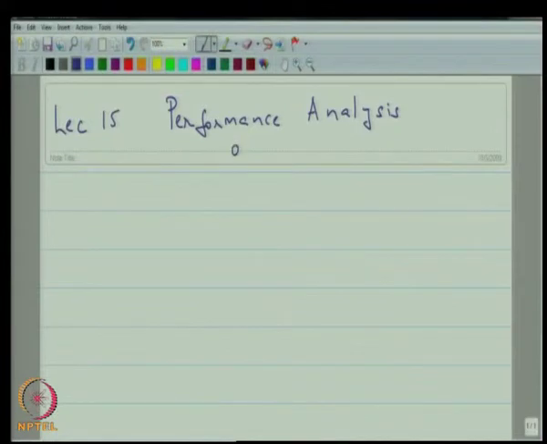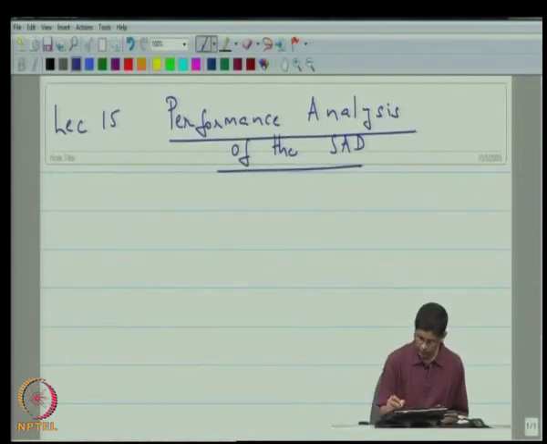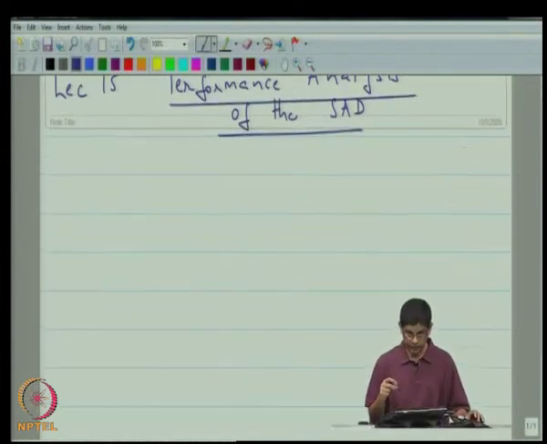Here we are interested in seeing the performance, in terms of probability of error, of the standard array decoder. We would like to know, for example, what is the code word error probability, etc. So I am going to give the title of this lecture as performance analysis of the standard array decoder.